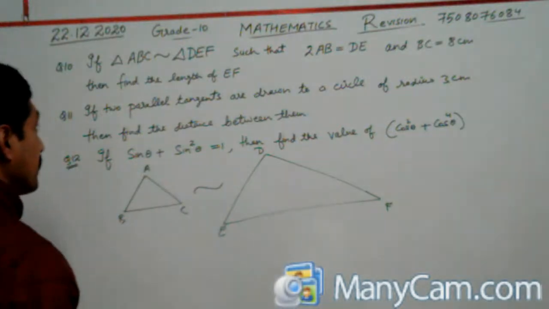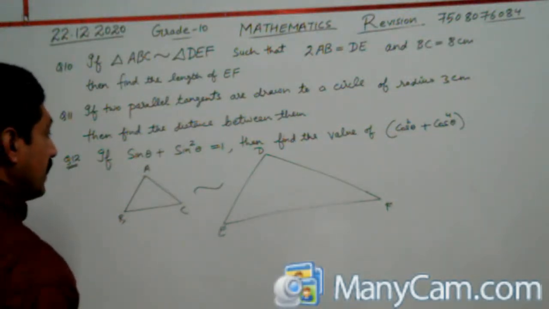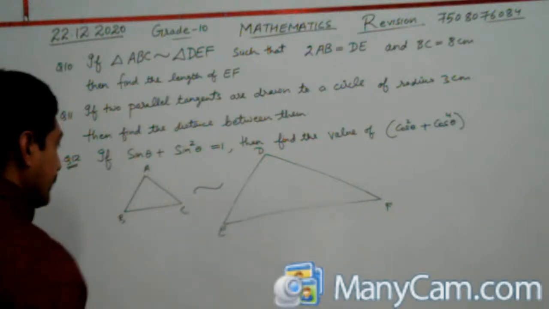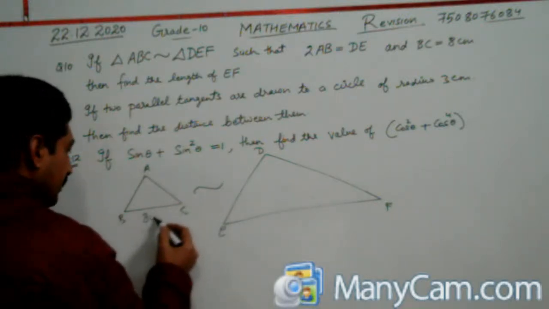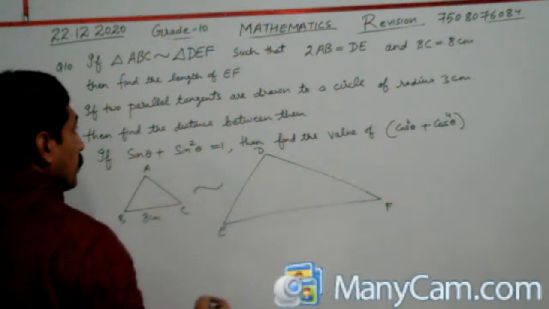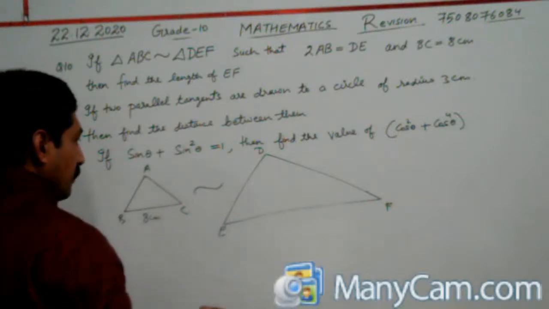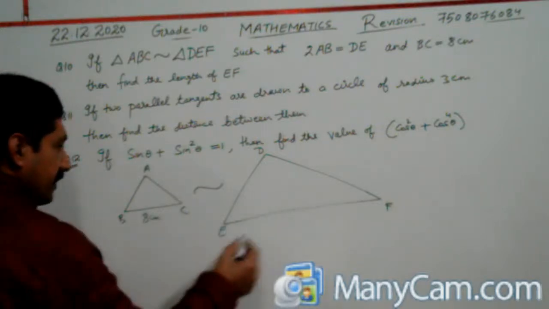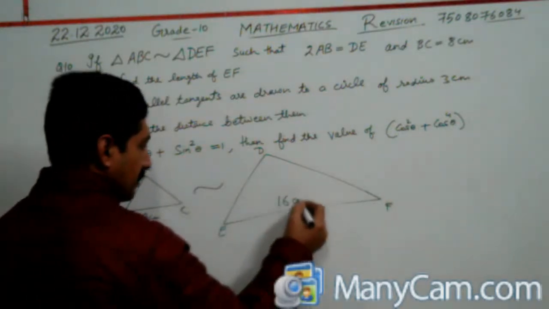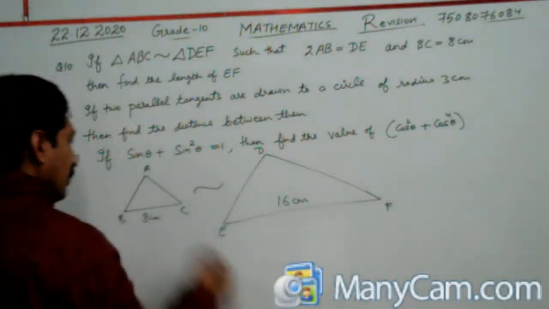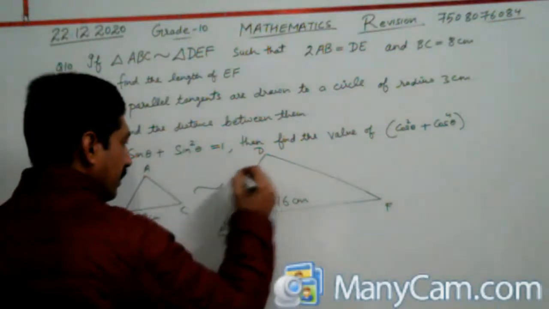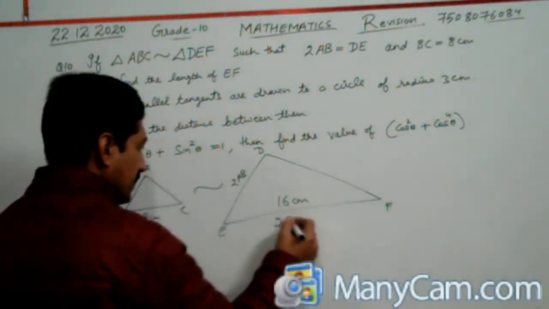Now DE is double of AB, and BC is 8 centimeter. Scale factor is 2. So what is EF? EF is 16, because the scale factor is 2, DE is twice of AB, so EF must be twice of BC.